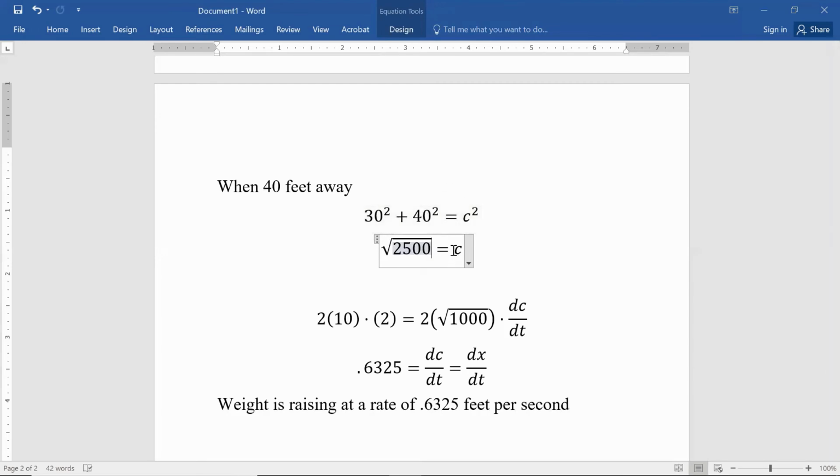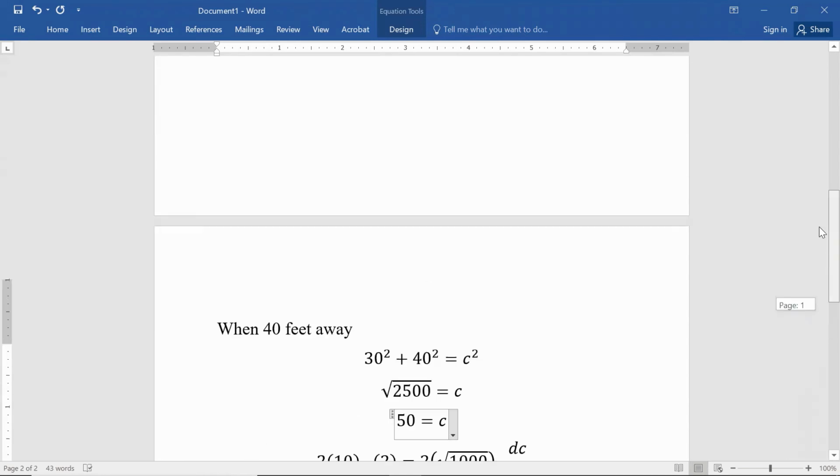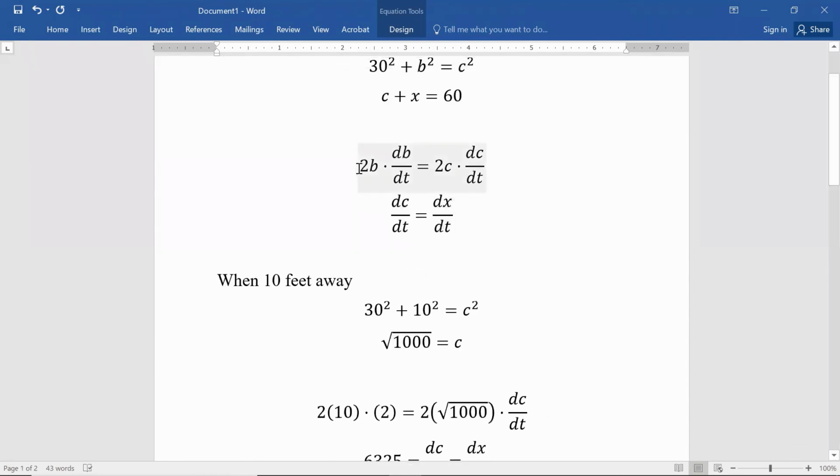So the length of rope is the square root of 2,500. That's actually a nice number, that's 50. So C is equal to 50 in that scenario.